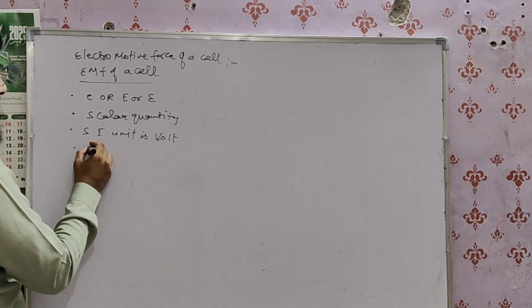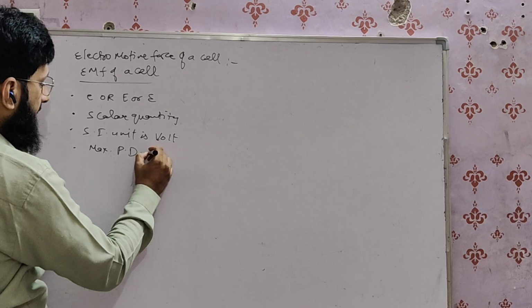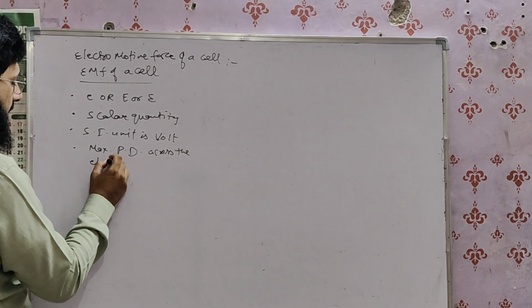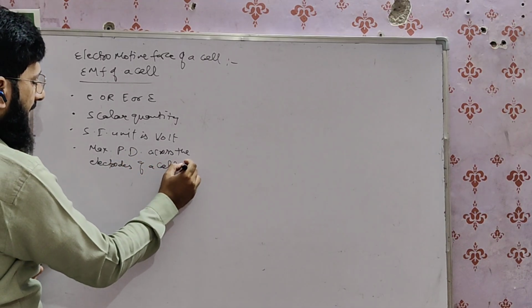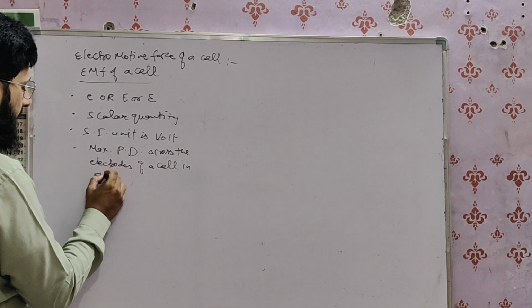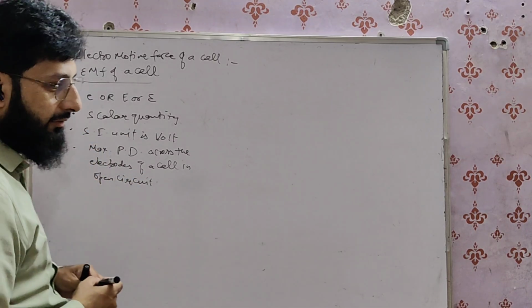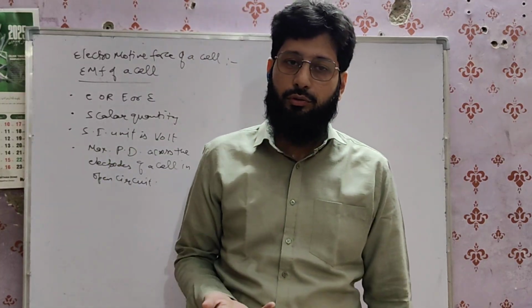And what is EMF? EMF is the maximum potential difference across the electrodes of a cell in open circuit. What does this definition refer to?